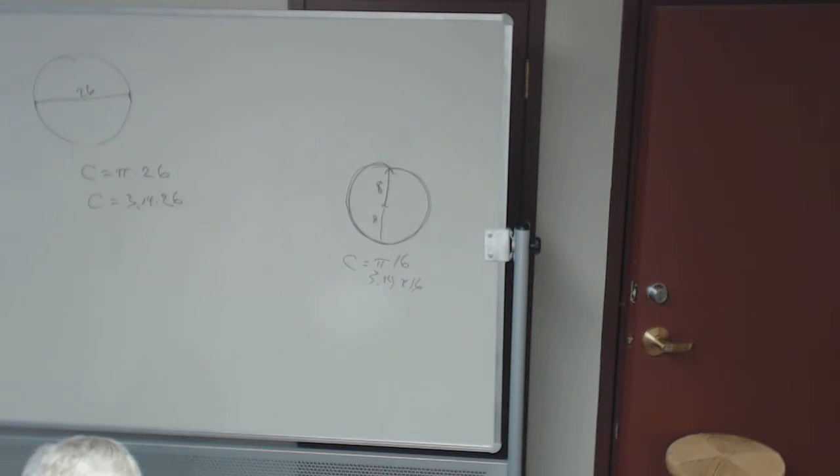A mile is 5,280, so I take 5280 divided by 6.80, 776.